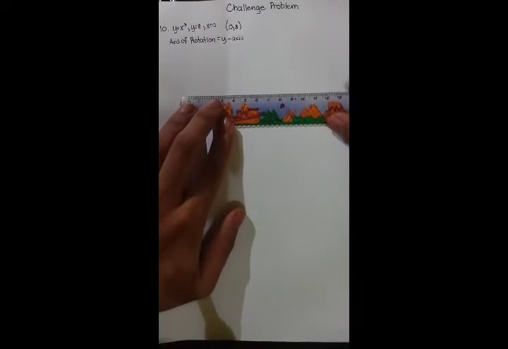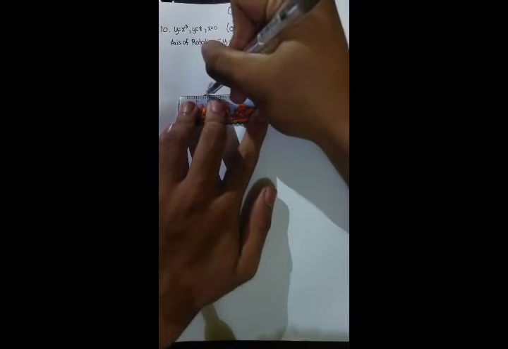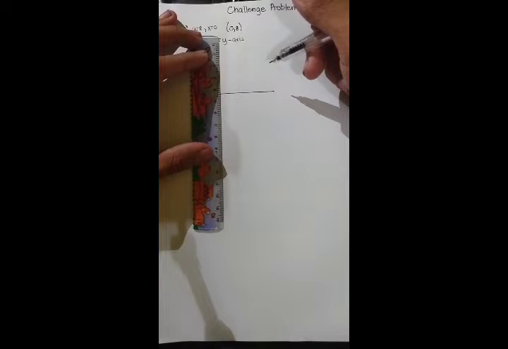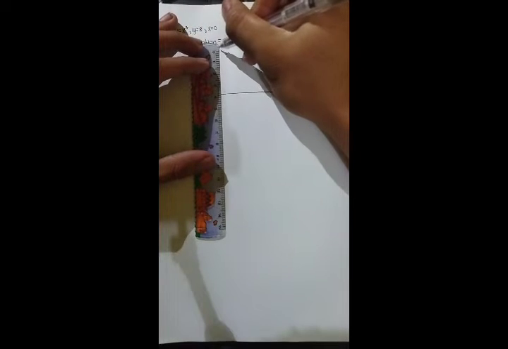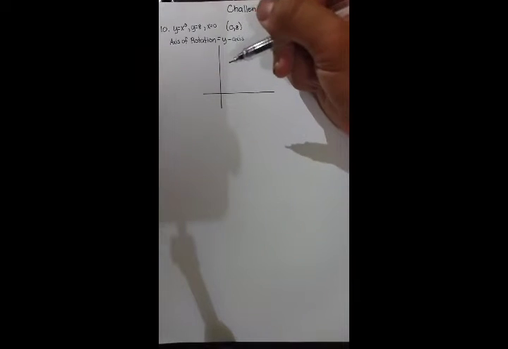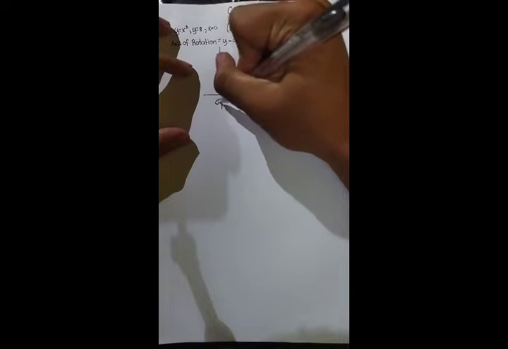So, let's start. First, we'll make a graph. The axis of rotation is the y-axis.